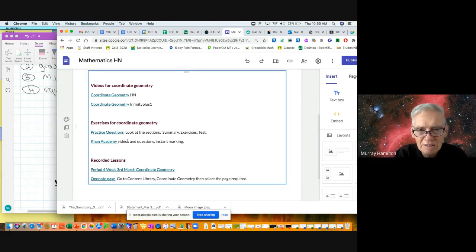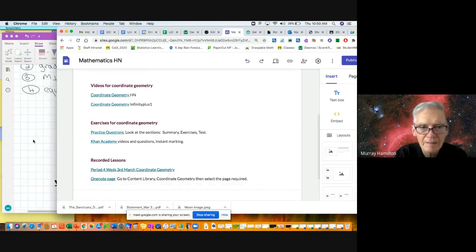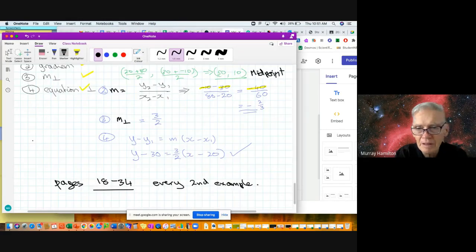There are exercises, there is instant marking. Continue on with Khan Academy because they have extra things on these as well. And I'll put some more exercises up there. You can go and look at those practice questions. That's for those who haven't got the book. Those who've got the book, you don't need to do these. You can go ahead and do the workbook.